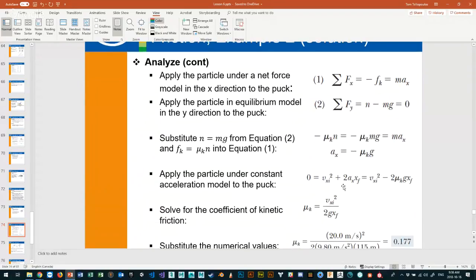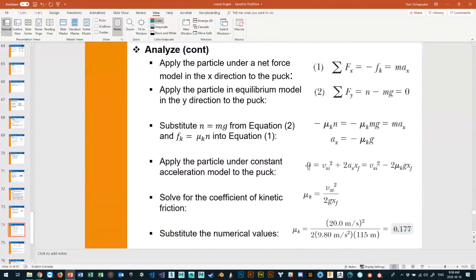Once we've done that, we're going to do some funky recalibration. I'm not going to go into this right now, and I'm not going to try to prove it, but this is true: the coefficient of kinetic friction is equal to the initial velocity in x squared, over 2g times the final displacement, the final x position.